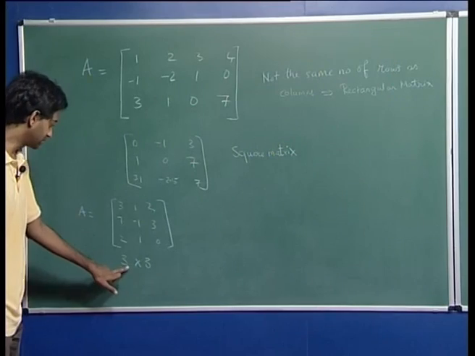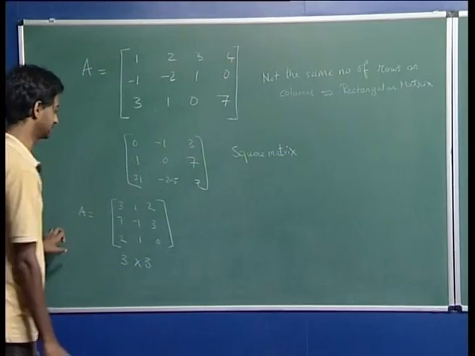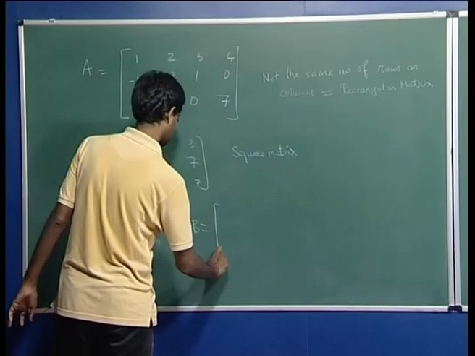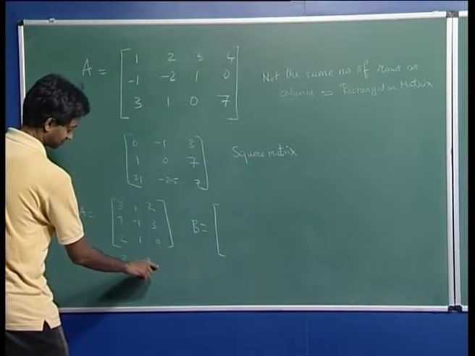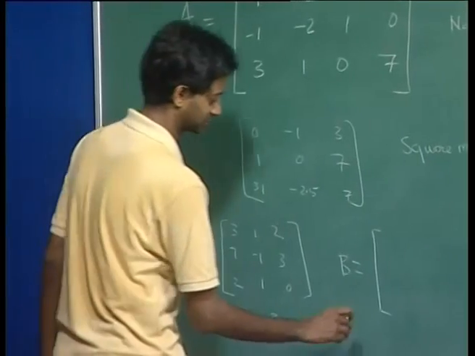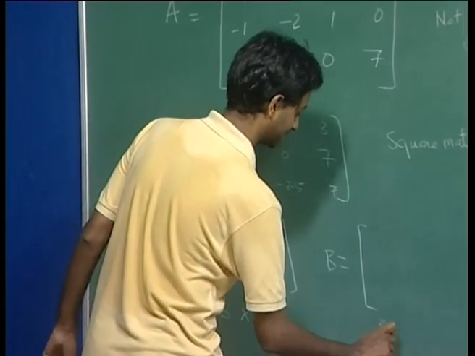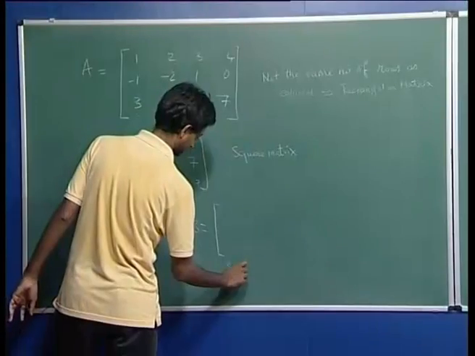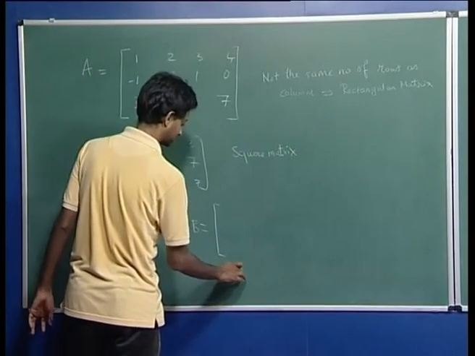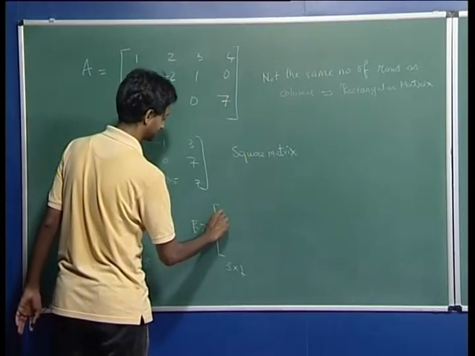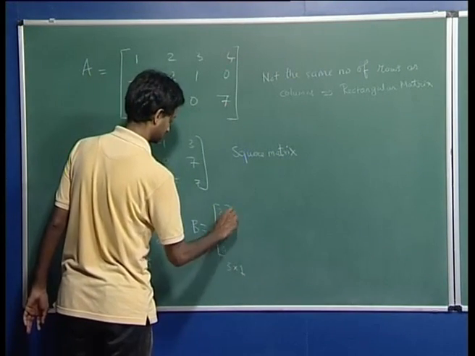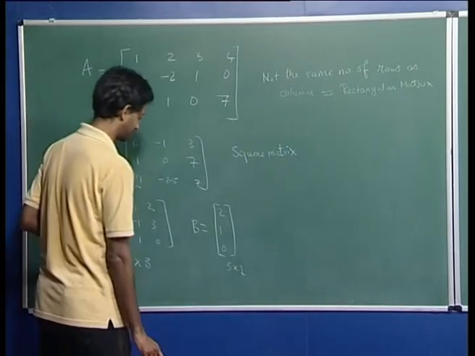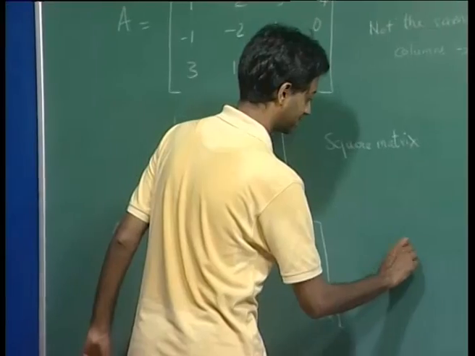Now, in order to multiply this matrix to another matrix B, it is essential that the number of rows of B be equal to 3. So, B has to be 3 by anything, and it can be 3 by, let us say 1. So, if it is 3 by 1, it has 3 rows and 1 column. So, for example, this could be 2 1 0. Okay. So, it is important that if I have these two matrices, then I can define A into B.